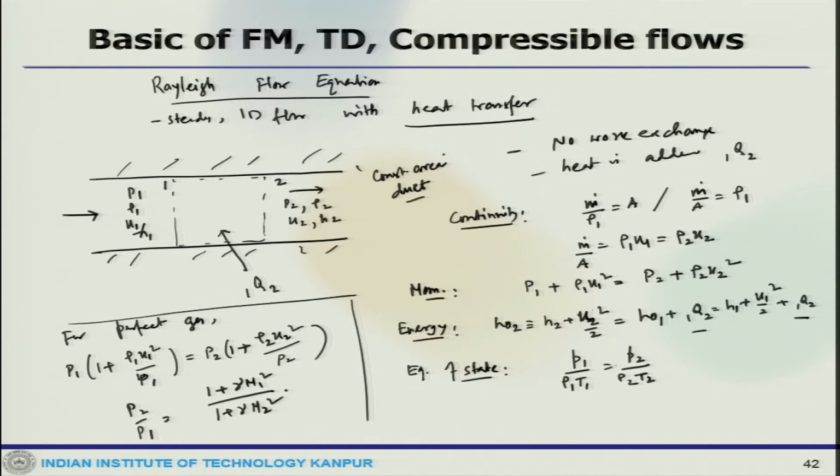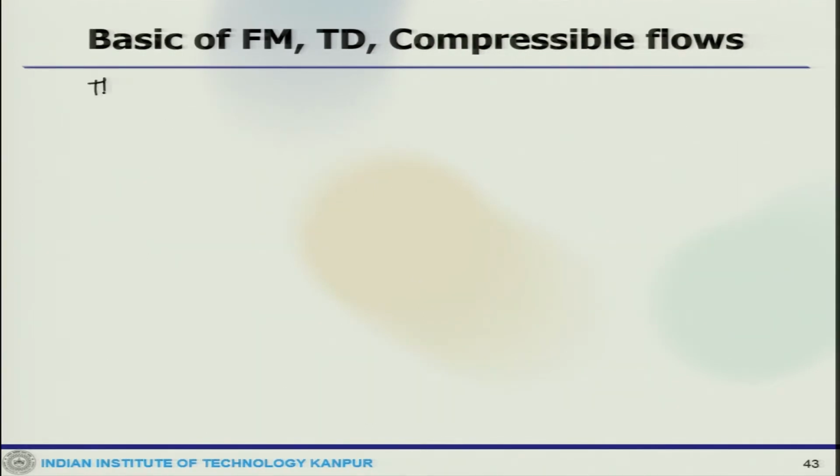That is the relationship that we get. Similarly we can get the temperature relation, which is 1 plus gamma m1 square by 1 plus gamma m2 square, whole square, times m2 square by m1 square.